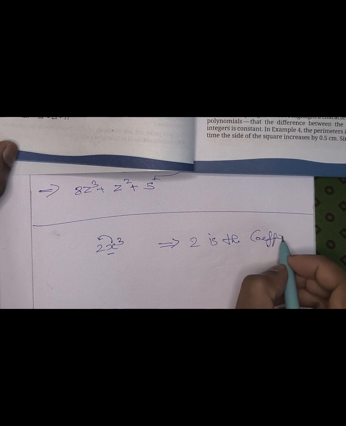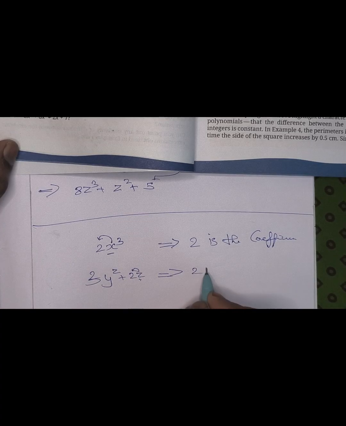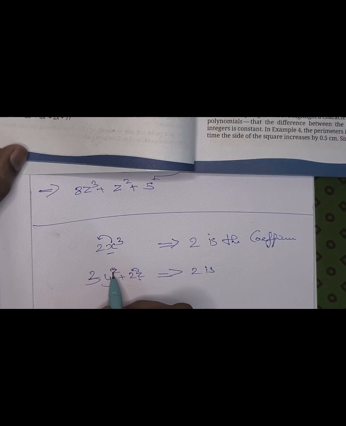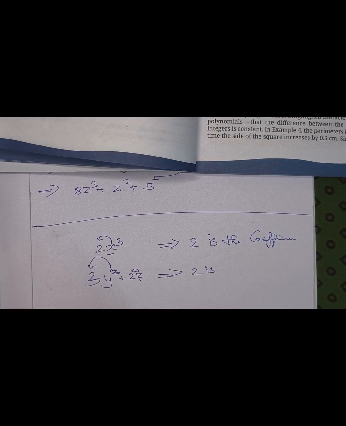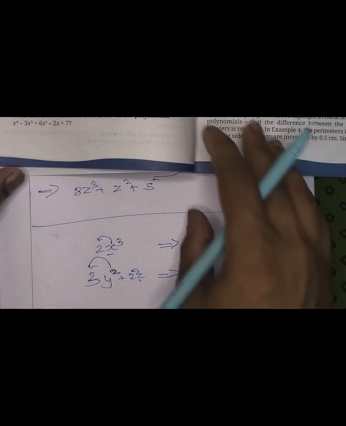coefficient. If I write 3y z cube plus 2z, what is the coefficient of z? You want to see the z and tell the coefficient of z. 2 is the coefficient. If I asked you what is the coefficient of y square, you want to tell the coefficient of y. The number before the variable they are asking about is called the coefficient.